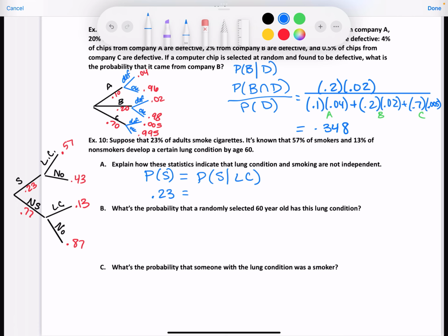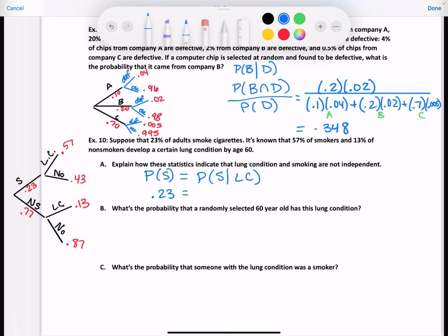On top would be the intersection of smoking and lung condition, so we would multiply those numbers together. Wait a second, hold on.